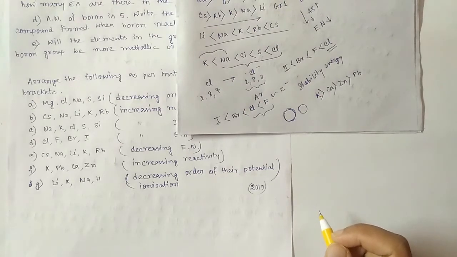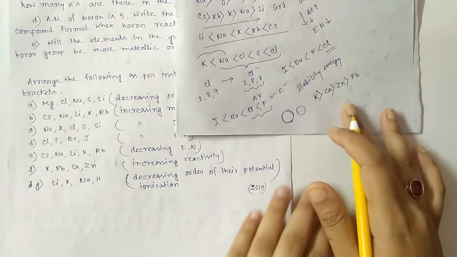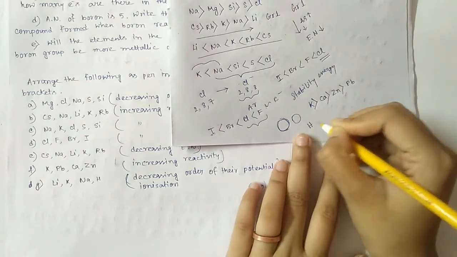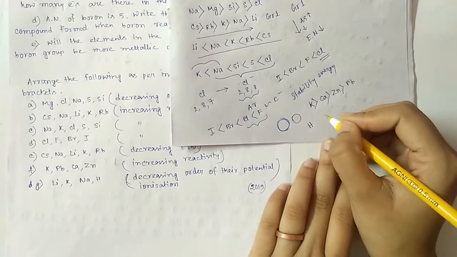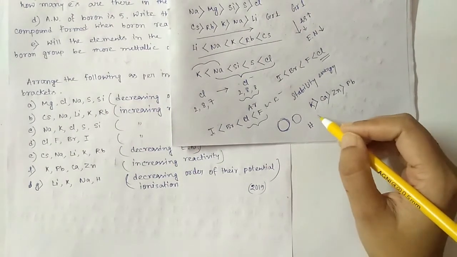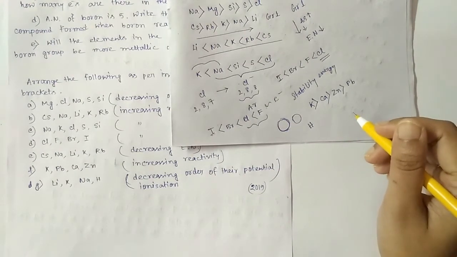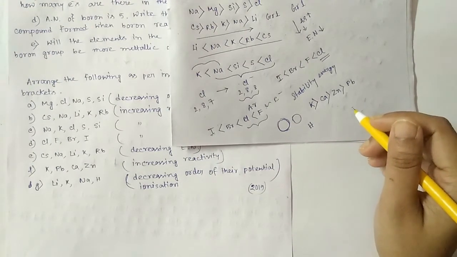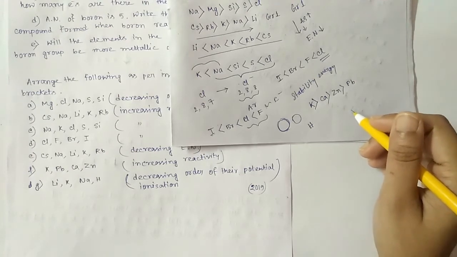Okay, so along a group, if we move down from top to bottom, we'll find that as the atomic size increases, the effective nuclear charge decreases, and thus the electrons of the outermost shell are loosely held. That is why we can conclude the answer will be hydrogen having the lowest ionization potential, as the size of hydrogen is very small compared to the other elements of this group.